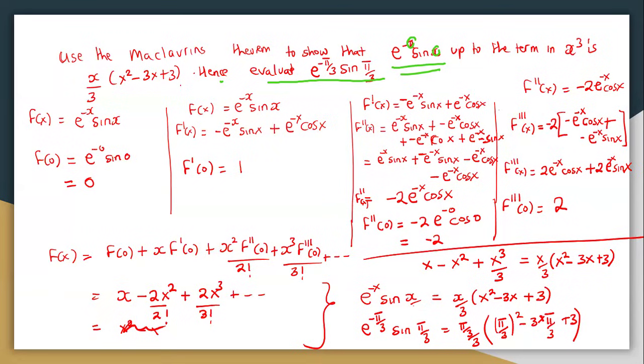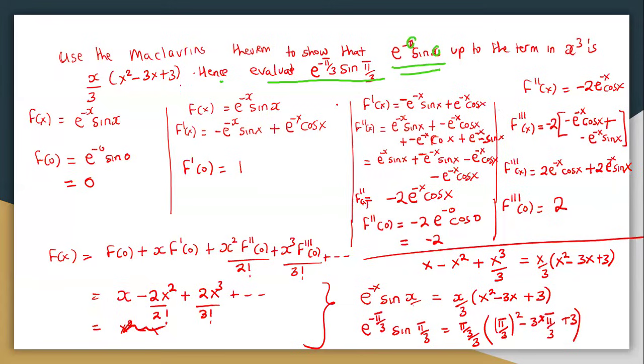I have an inquiry. As we are expressing the function as x over 3 into x squared minus 3x plus 3, previously we had x minus 2x squared over 2 factorial, then plus 2x cubed over 3 factorial.